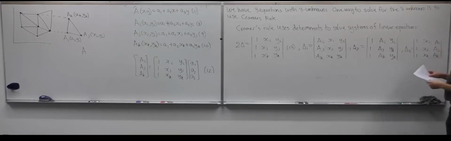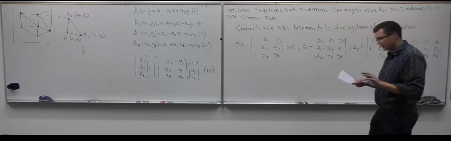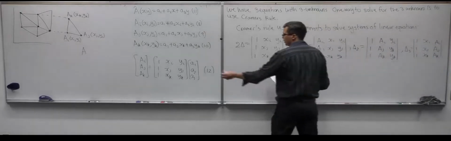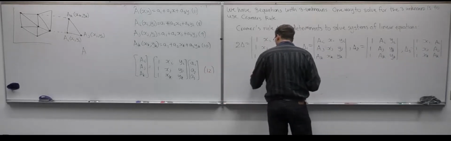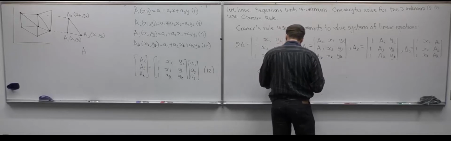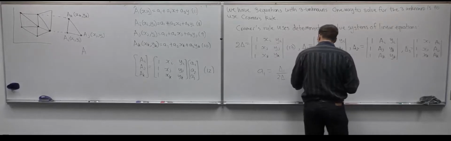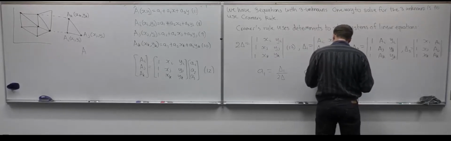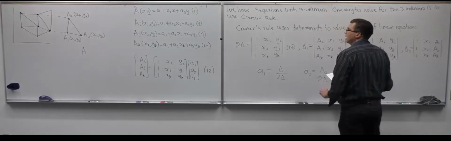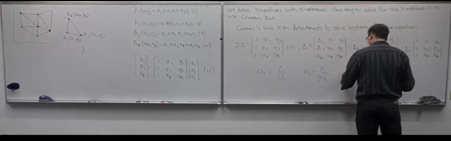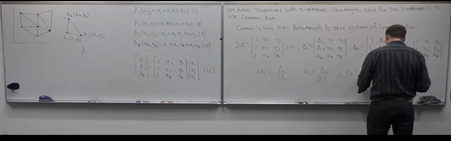So with those four definitions, what Cramer's rule says is that the solution to the unknowns A1, A2 and A3 can be found by evaluating A1 as delta 1 over 2 delta, A2 as delta 2 over 2 delta, and A3 as delta 3 over 2 delta.